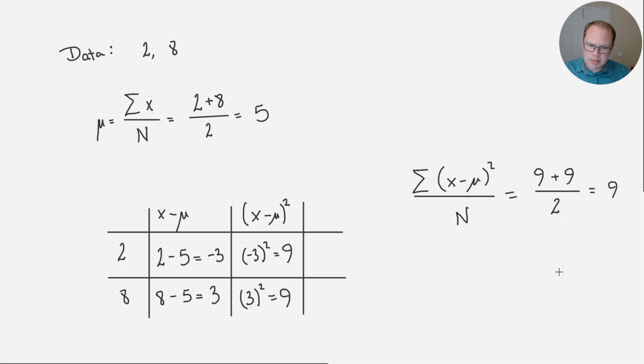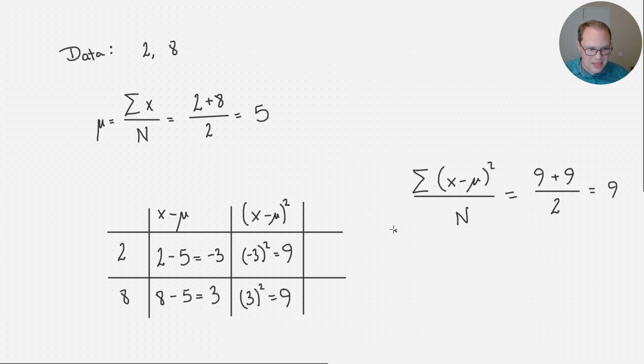Now remember, there was something we had to fix, right? We squared things, and that got rid of the sign, the direction information, no problem. But it also squared our distances. So now we need to unsquare our distances. We can unsquare things by taking a square root. So I don't want just this. This is the average.